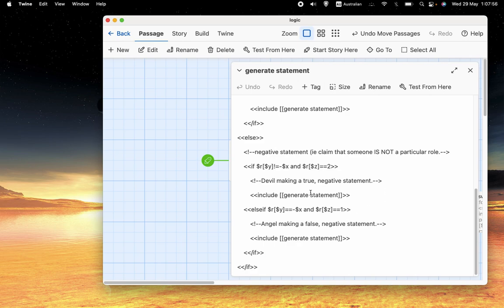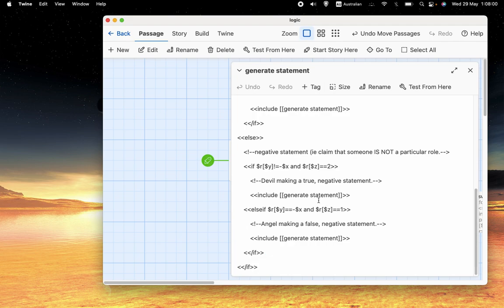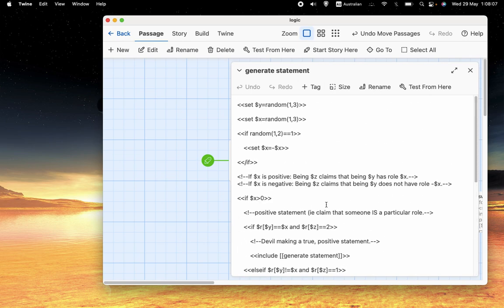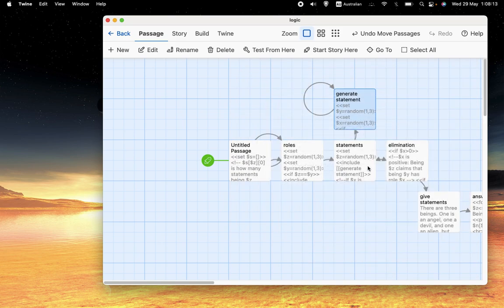So the addition is we need to have code that picks up true negative statements by the devil and false negative statements by the angel, parallel to these ones which we had before to deal with positive claims.